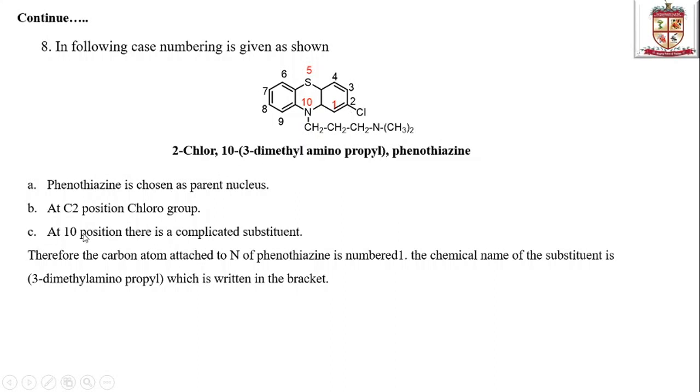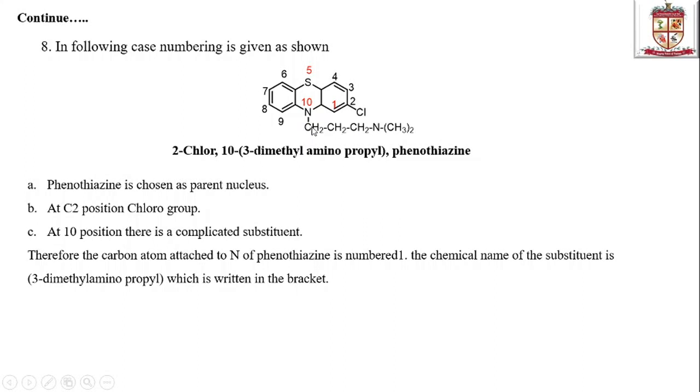At position number 10, there is a complicated substitution. That means this number 10 heterocyclic nitrogen carries a propyl carbon chain and then 3-dimethyl. In this case, this propyl chain also carries numbering, that means 1, 2 and 3, and this numbering is given as per the IUPAC nomenclature.